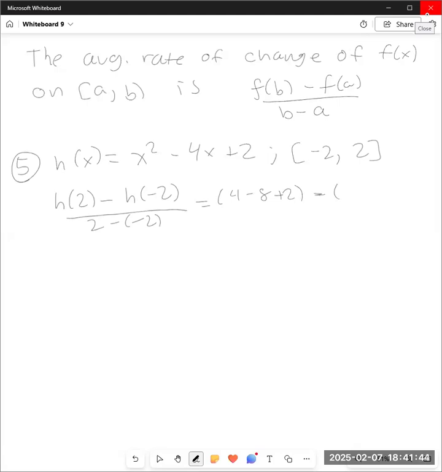And then minus, when I stick in -2, -2 squared is 4, -4 times -2 is a positive 8, and then plus 2, and all that gets divided by 2 plus 2. This is going to be equal to -4 plus 2 is a -2, minus 4 plus 8 is 12, plus 2 is 14, over 2 plus 2 is 4. This is a -16 over 4, which is -4.